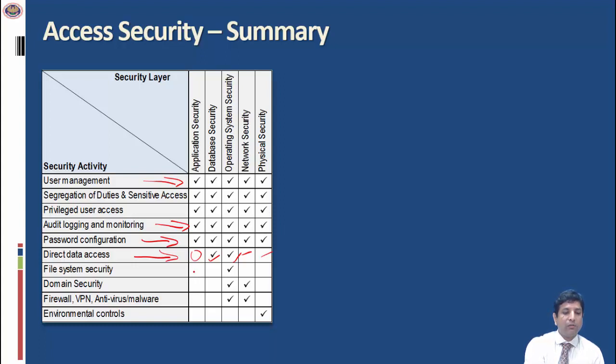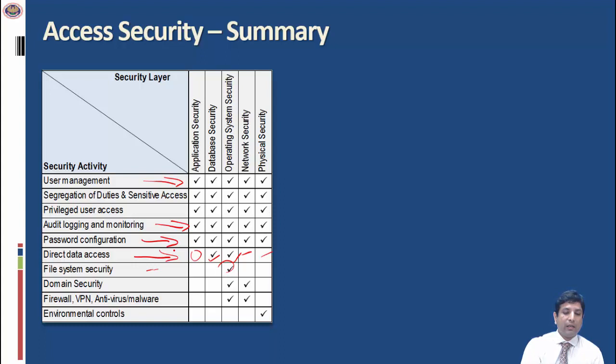File system security is very specific to operating system security. Sometimes we may also look at file system security for the data files which reside at the operating system. So there could be a slight overlap between the database layer and also the operating system layer when we are looking at file system security.